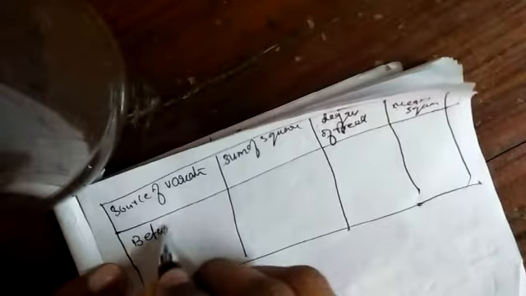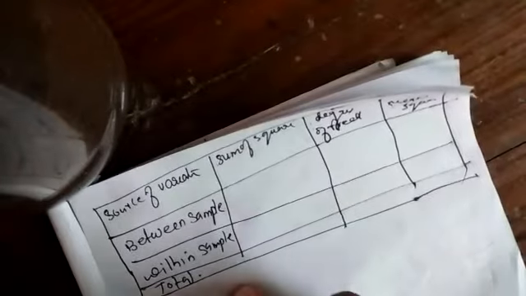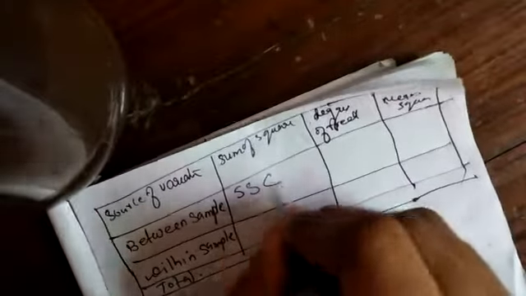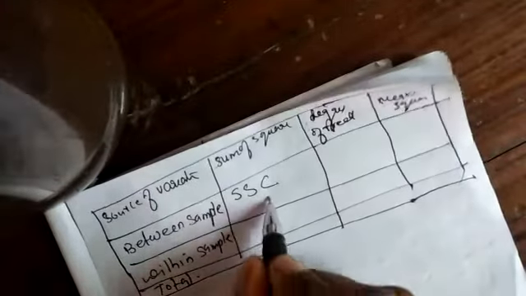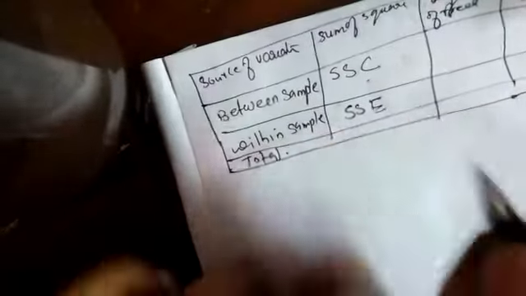This is the criteria. And you take between samples and within samples. Next, total. So SSC is the sum of squares between samples, SSE is the sum of squares within samples, and SST is the total.